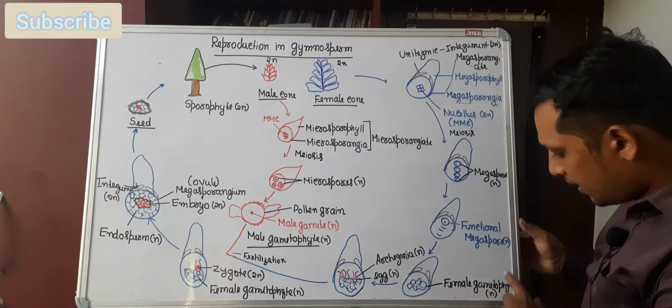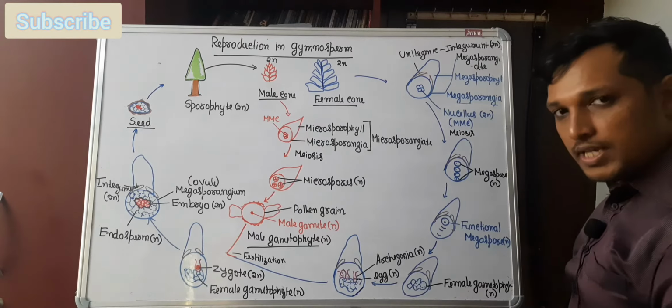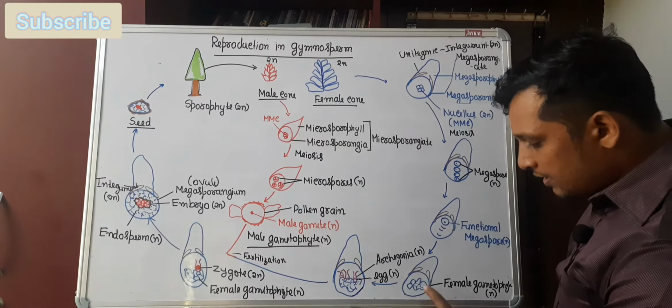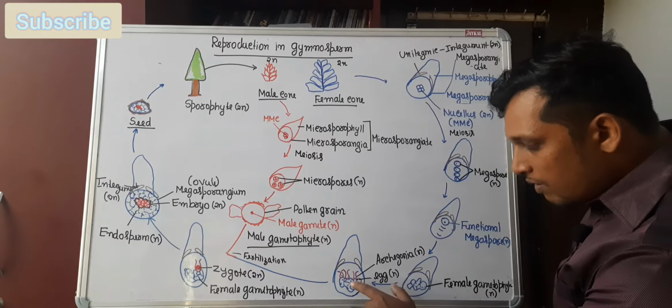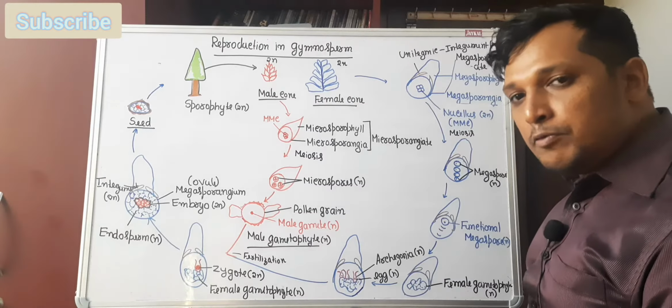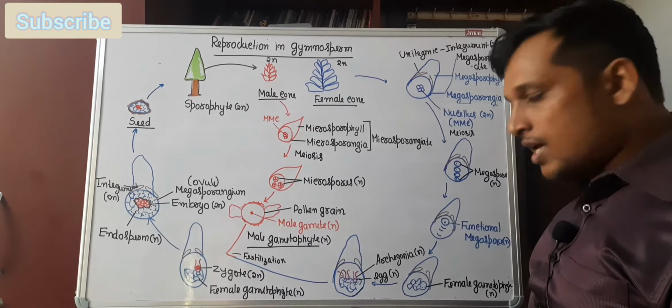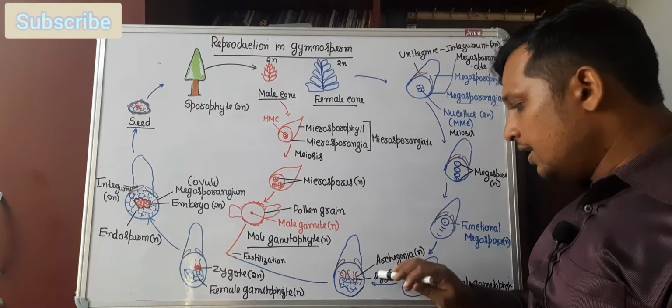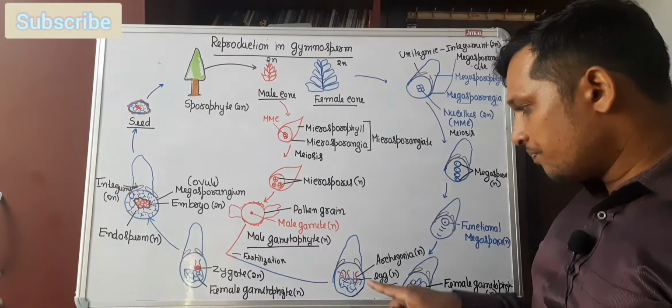The female gametophyte now develops 2 to 3 archegonia containing eggs. But even though 2 to 3 archegonia are there, only one is involved in fertilization.